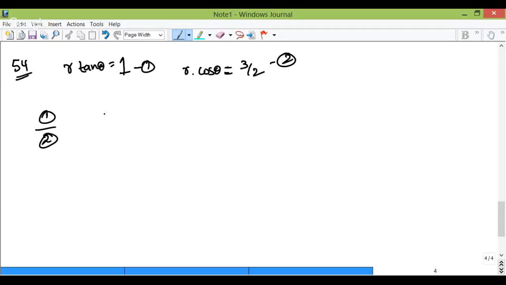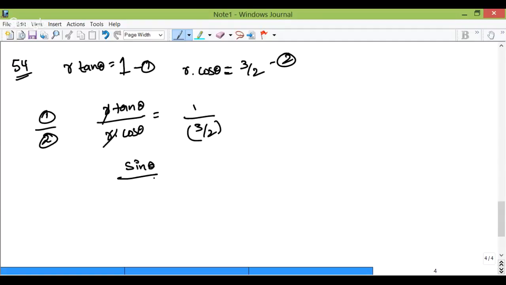Simple division. R tan theta by r cos theta is equal to 1 by 3 by 2. R will get cancelled. Tan we can write as sin theta by cos theta and again divided by cos theta, which is equal to 2 by 3.